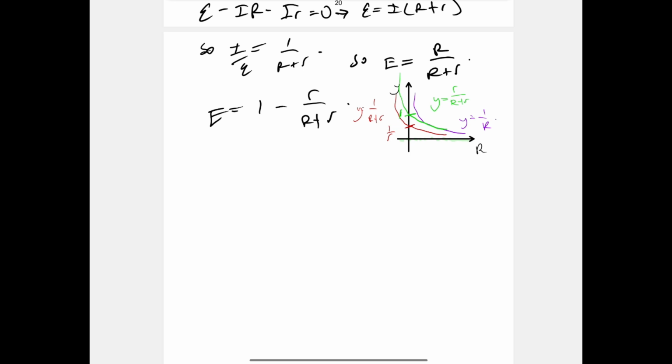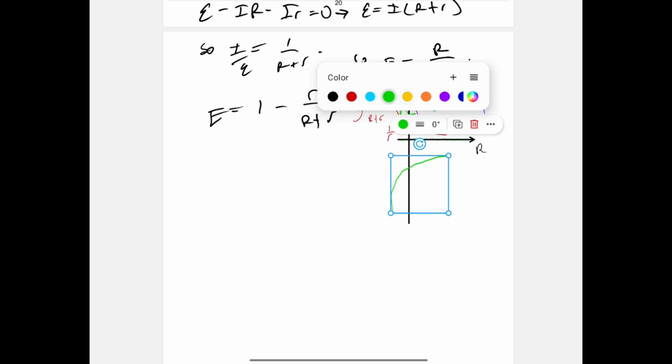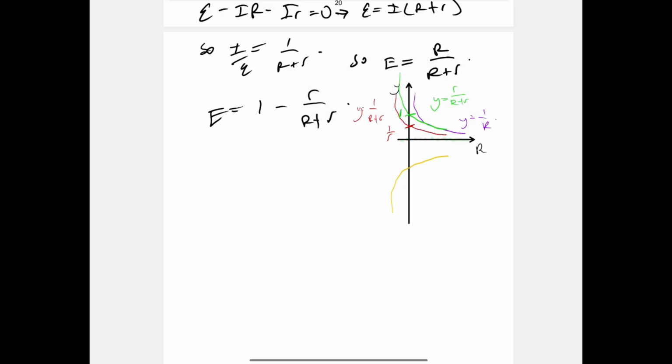And then if we flip that over, this is y equals minus r over r plus r.